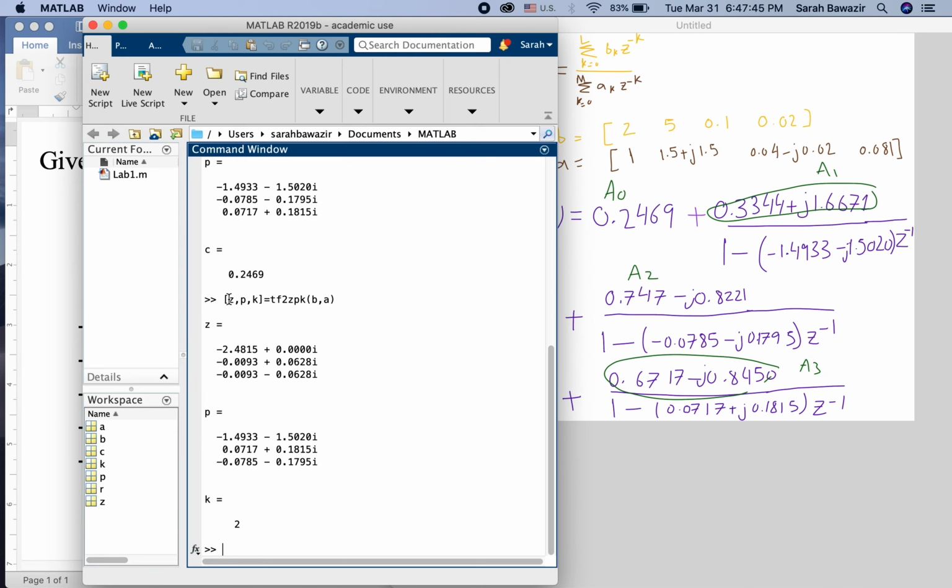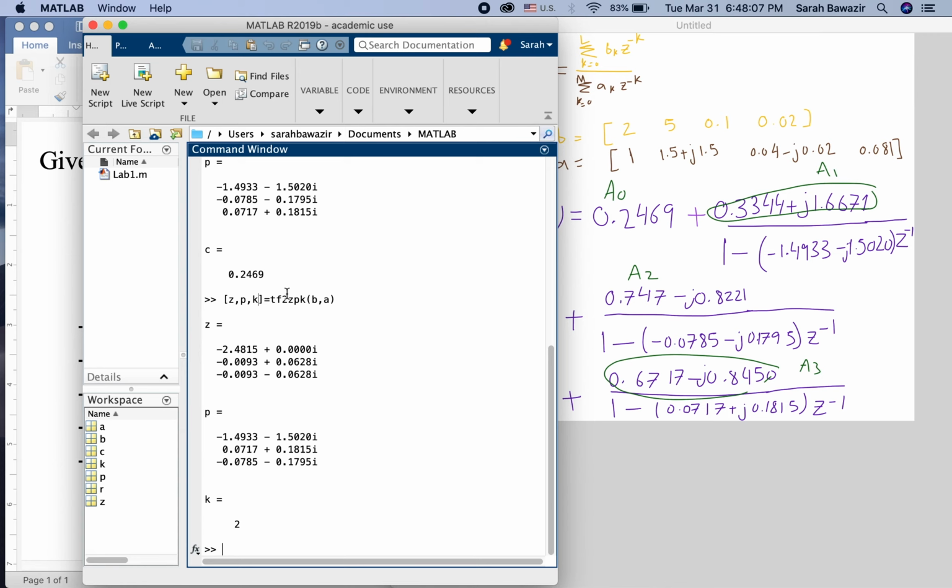So here you're telling it that you want the output to be zeros, poles, and a gain k. When you read the document for transfer function to zeros, poles, and gain, you will know why you need k. But in this case, we don't need k.